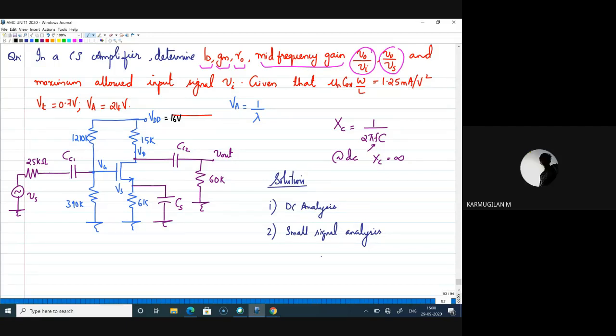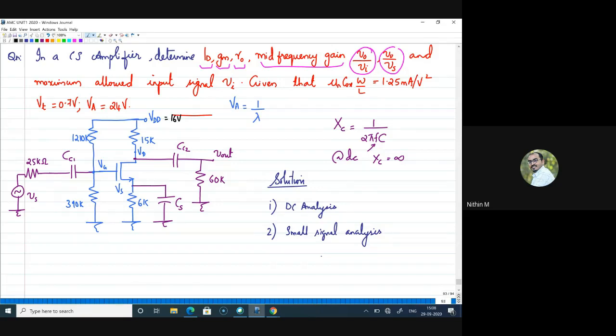Second thing is, in most of the cases, we may not be able to get the exact VDS value. Even in this case, we do not know the VDS value. That we have to get in terms of ID only, as VD is VDD minus 15 ID and VS as 6 ID. So that way only we have to write.